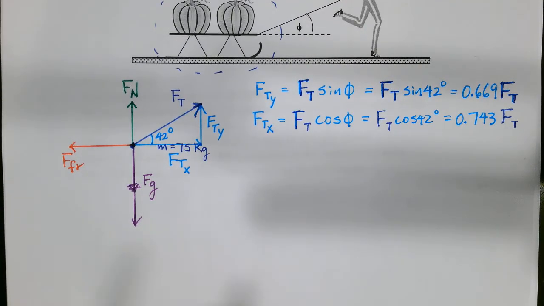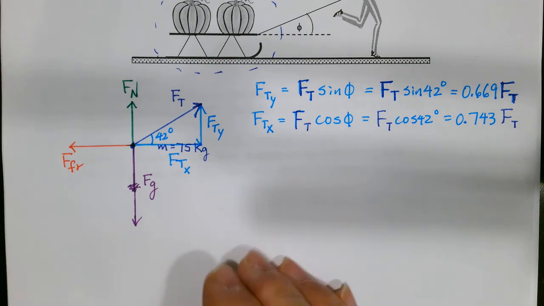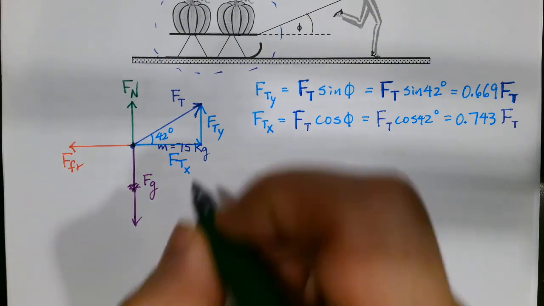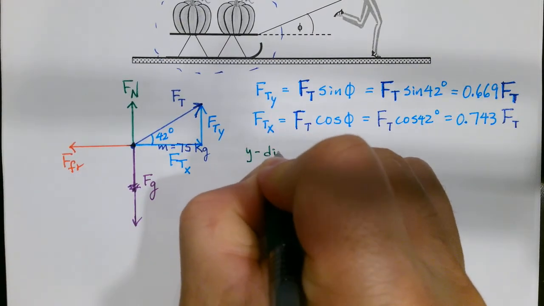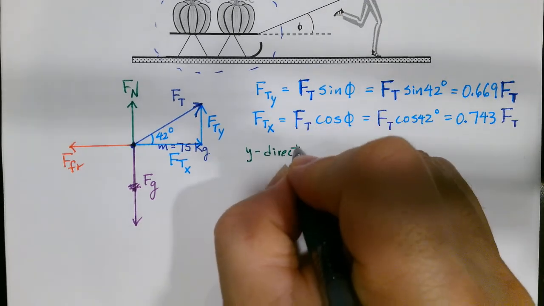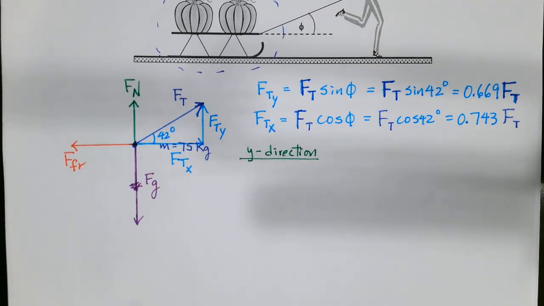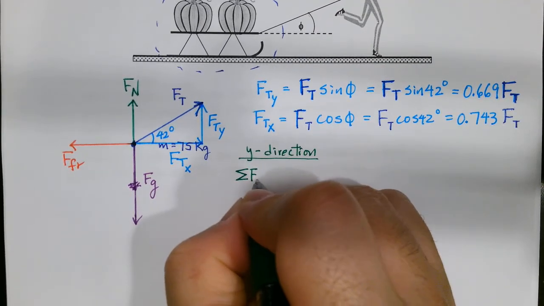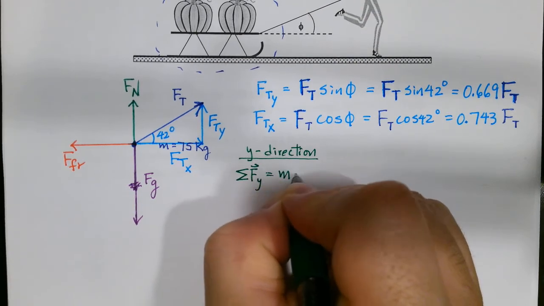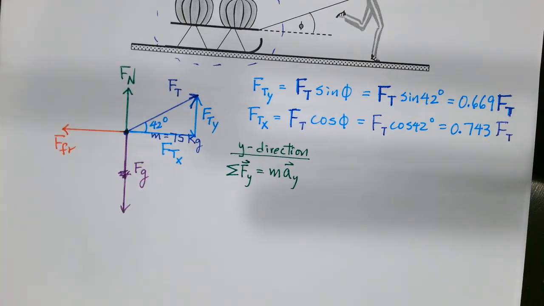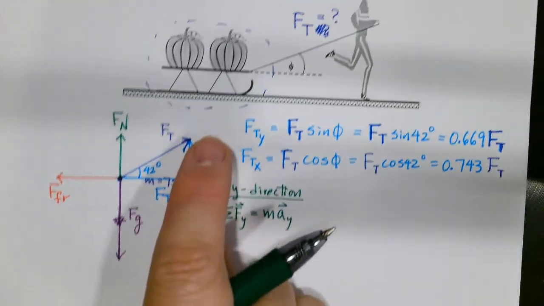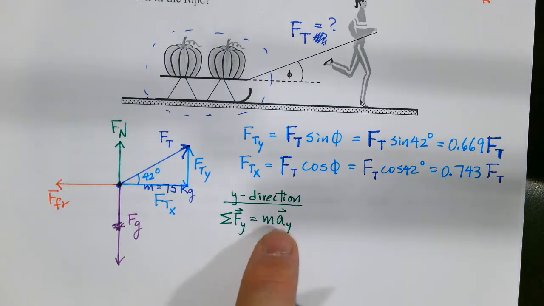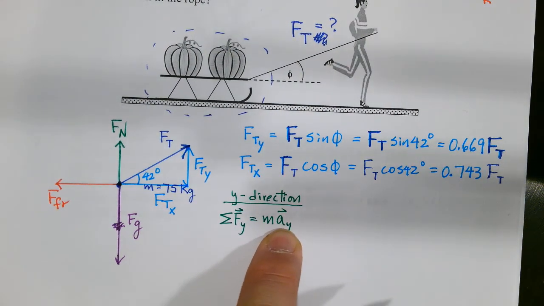So let's think about all the forces that are happening vertically. Let's take a look at the Y direction. So sum of all forces in Y is equal to m a_y. Now, you know this sled and pumpkins are not going to accelerate upwards or downwards, so the acceleration in Y has to be 0.